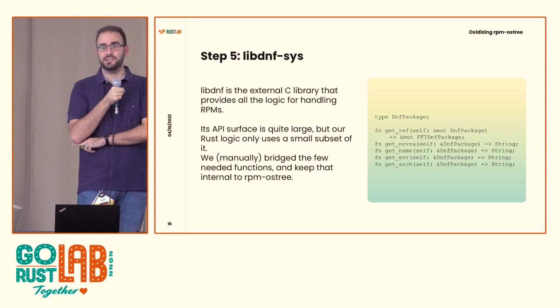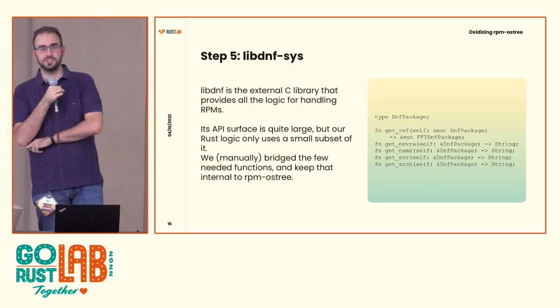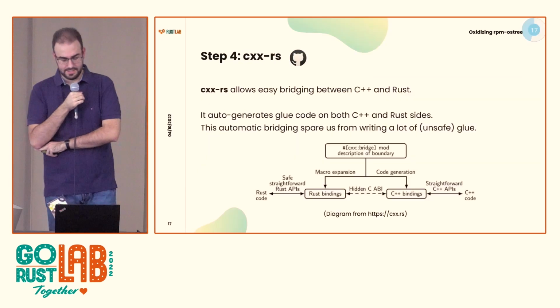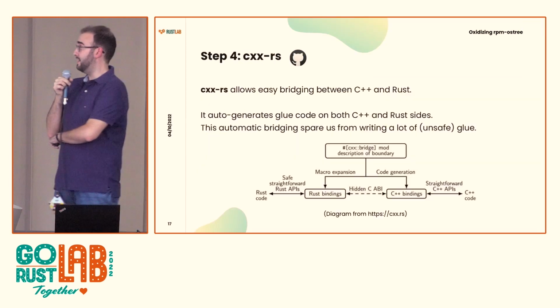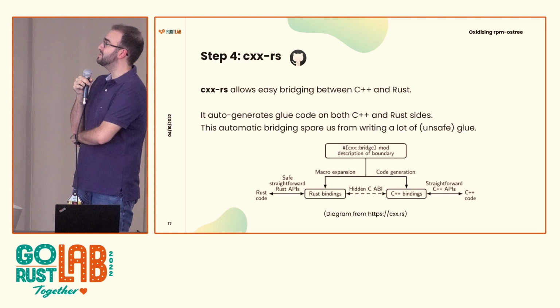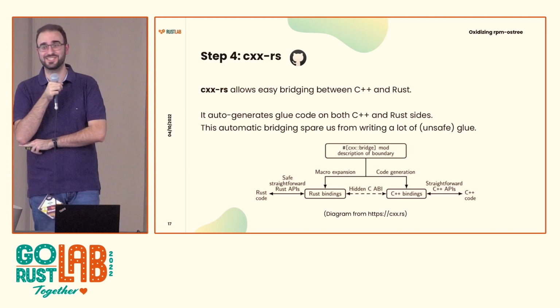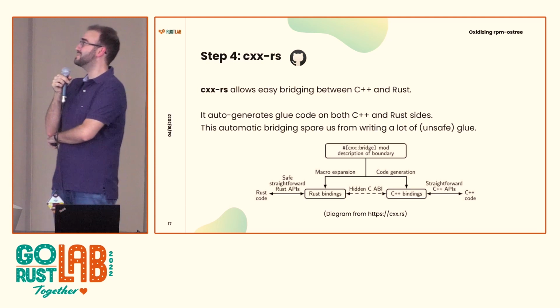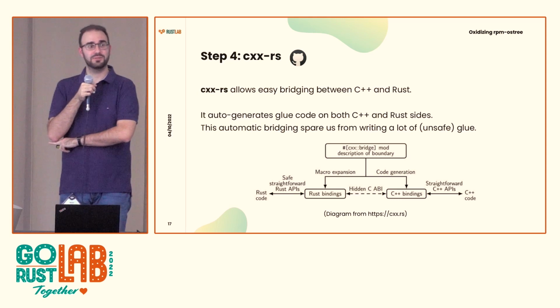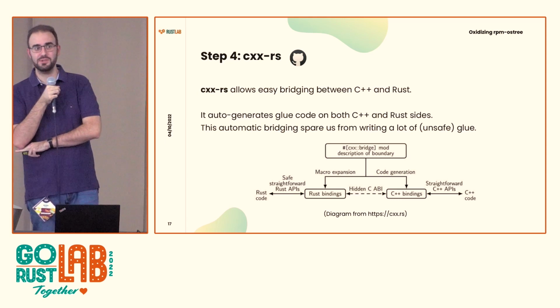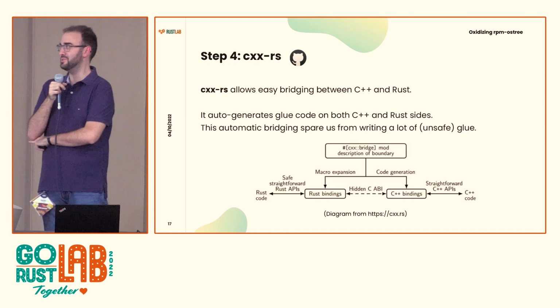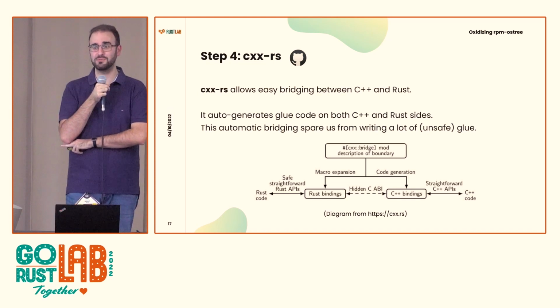The catch here is that we use another project called CXX-RS, which is great, honestly. It's one way of bridging between Rust and C++. As I mentioned before, we are already in this situation where we have a mix of C, C++, and whatever.